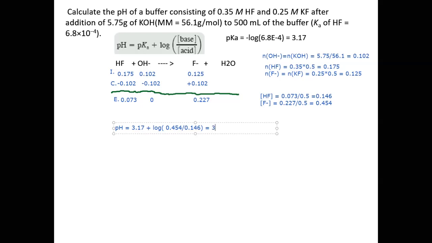So it's going to be 3.66, and that's the pH of this buffer solution after 5.75 grams of potassium hydroxide was added to 500 milliliters of this buffer.